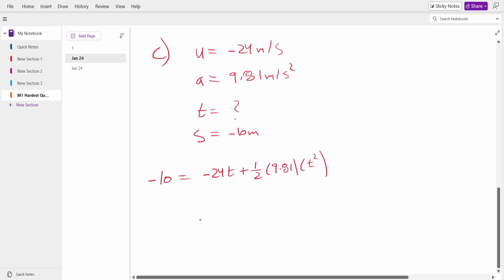Solving, I'm going to have 4.9 T squared minus 24 T, and then moving this 10 to the other side it becomes plus 10 equals 0.